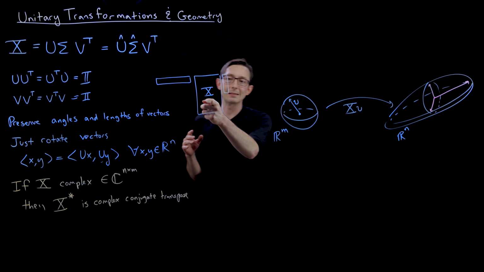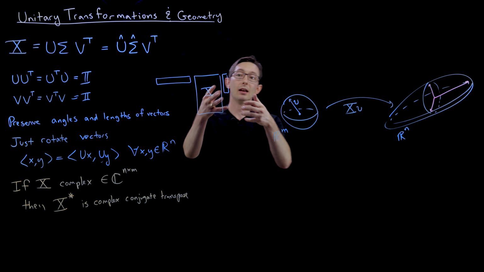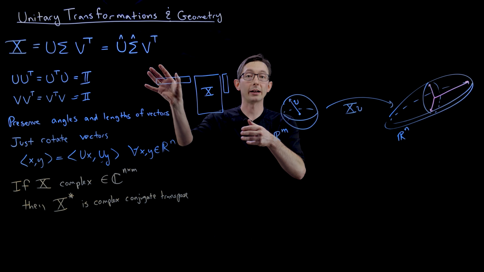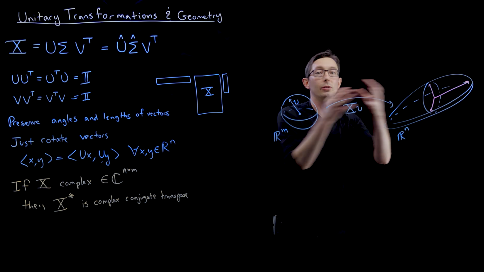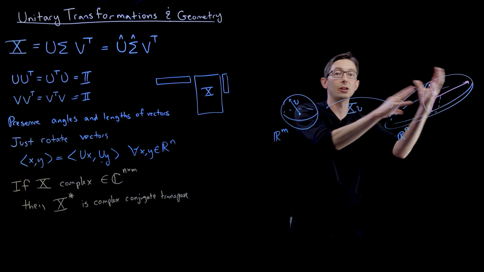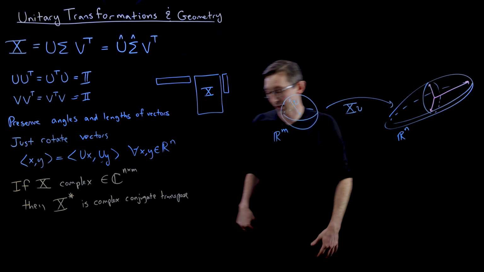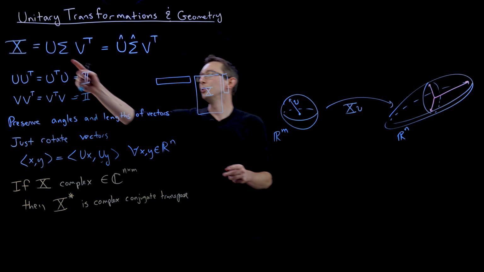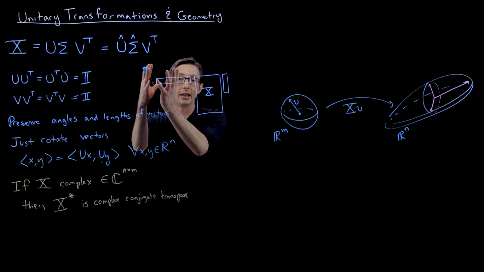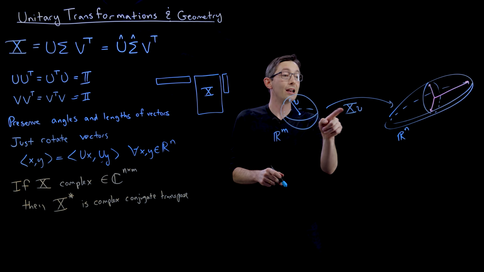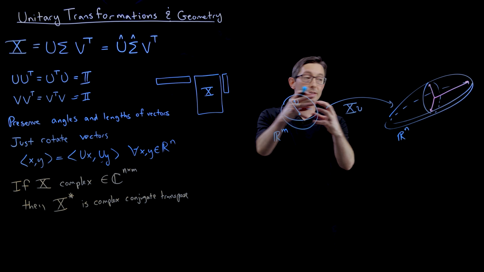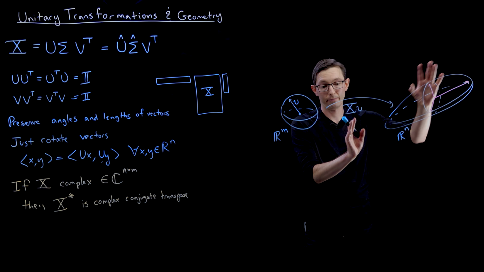But I just want you to think this matrix X can multiply vectors on the right or vectors on the left, and that corresponds to a rotation of space, okay? Now remember, U is unitary and doesn't change the lengths or angles of things, but X itself is not unitary, and so that's why this gets deformed and stretched.